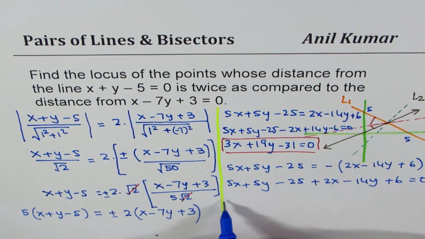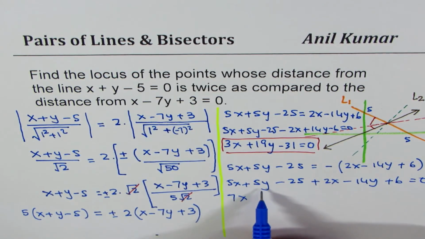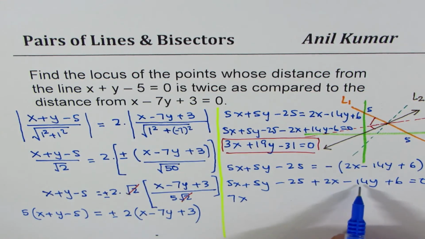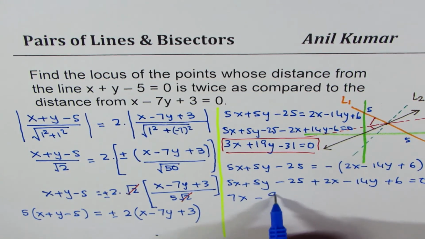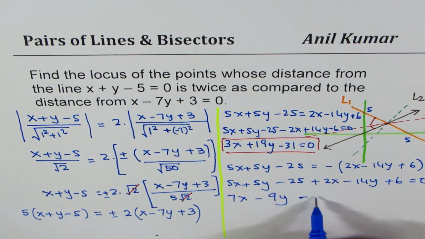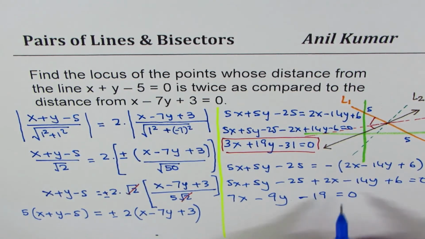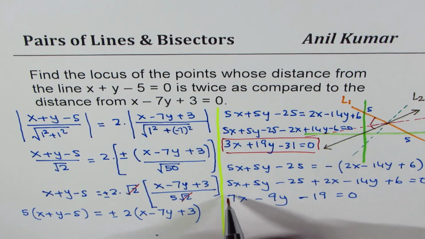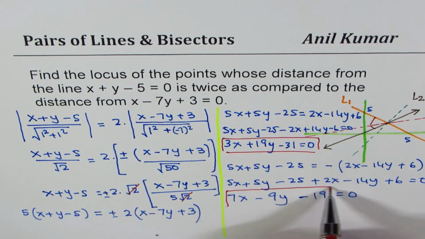And 5x plus 2x is 7x. 5y minus 14y gives us minus 9y. And minus 25 plus 6 will give us minus 19 equals 0. So that becomes the second equation in our case, right?